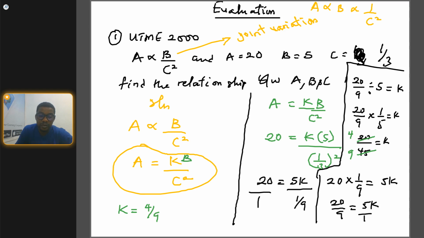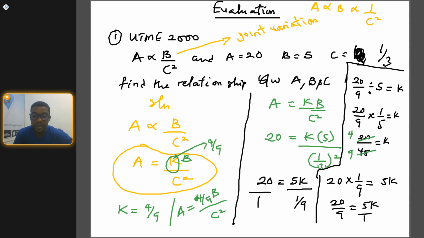So you need to change this K to 4 over 9, then you have the relationship settled. The relationship would be A equals 4 over 9 B over C squared, that is, A equals 4B over 9C squared.